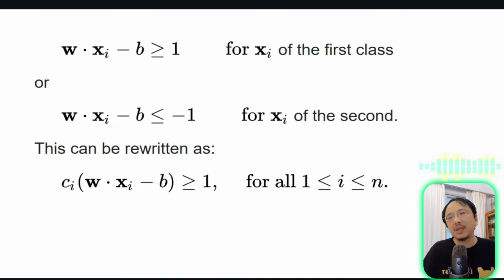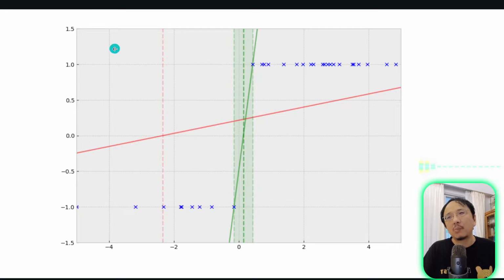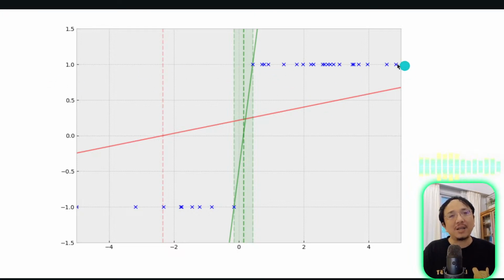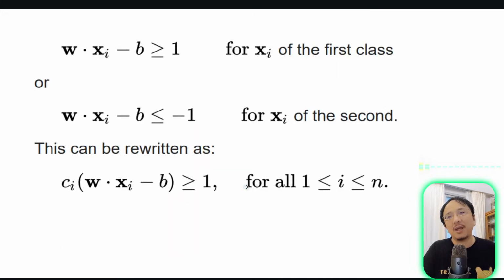So ci means the class. For all samples in the positive class, the first class, we give it a value of 1, and for all samples in the negative class, we associate it with a value of -1. So this 1 and -1 is the ci in this formula.